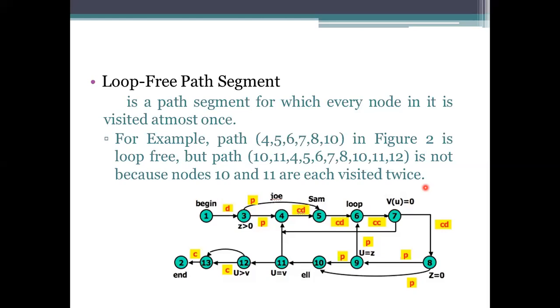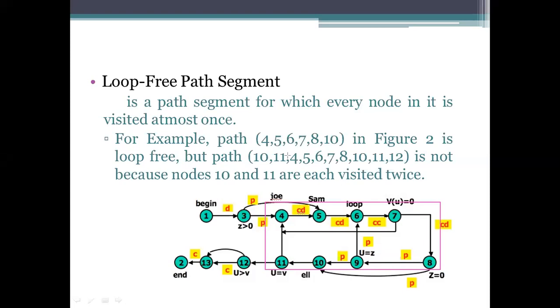So the loop free segment here is that we execute only once: 4, 5, 6 and then 8, and we are taking from 8 to 10, and we are not revisiting any node here.